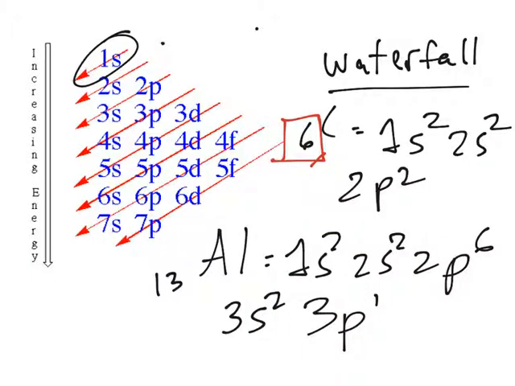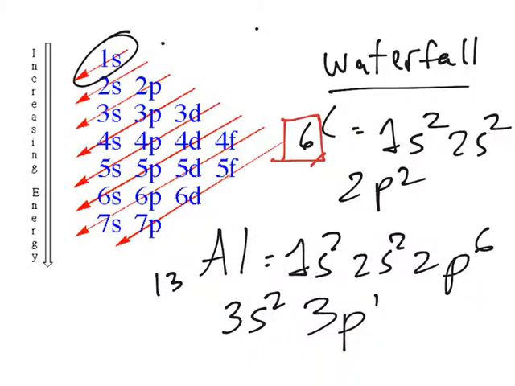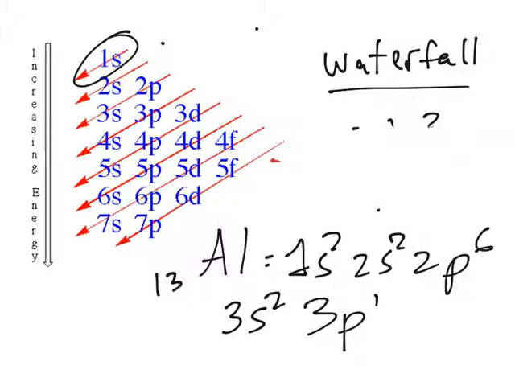So if they allow you to use this on a test, or if you can just memorize it, it makes it a little bit easier if you don't understand the periodic table method better, but you can always prove it using the periodic table. And just so you can see it, I'll show you how the abbreviation works for aluminum, something a little bit longer than what we have done.